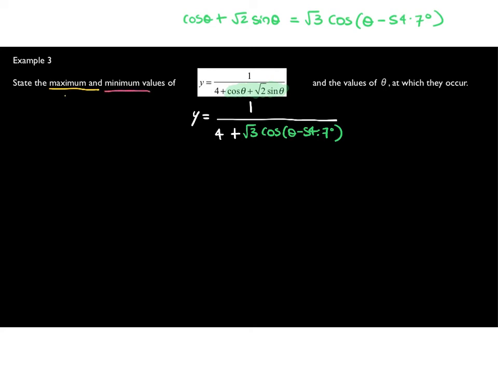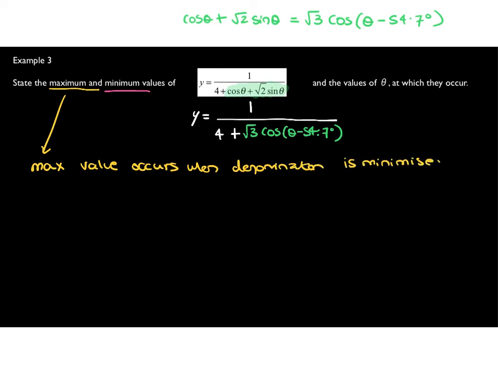Well, the maximum value will occur when the denominator takes its smallest possible value. Because then you're dividing by the smallest possible value in the denominator, which will of course maximise the overall result.